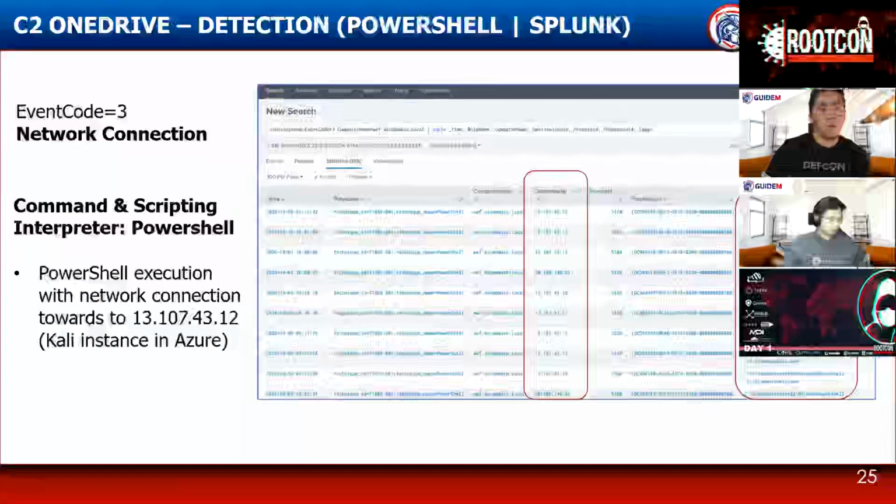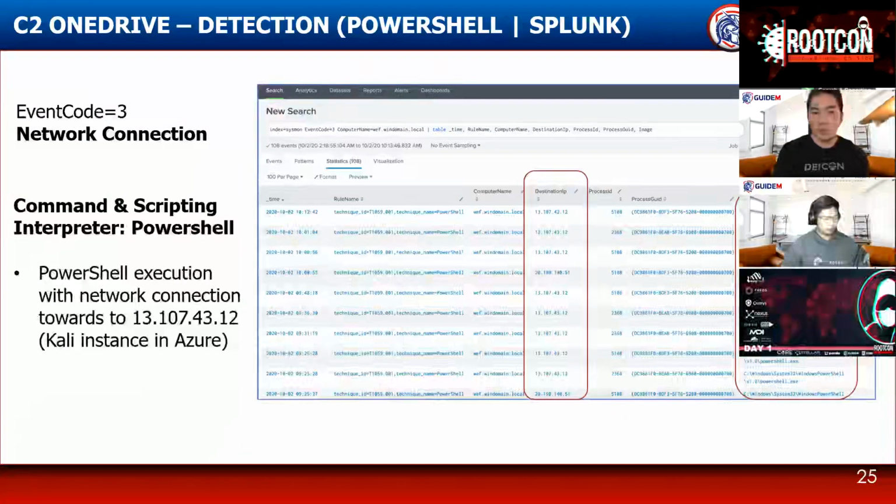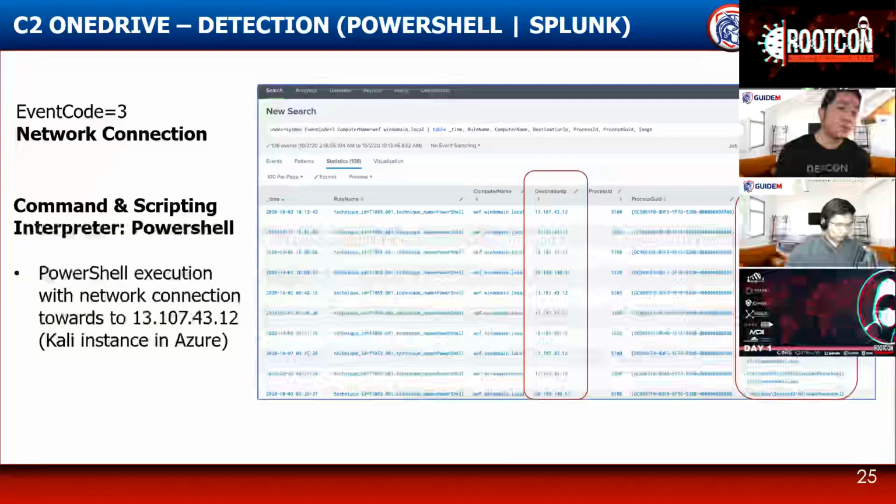Next, initially we said that we're using Sysmon. We really like Sysmon because it detects so much, and it's also customizable. After we perform the OneDrive C2 using Empire, we have detections wherein we have an event ID 3, which is a network connection. As you can see here, PowerShell has network connectivity towards a specific IP.